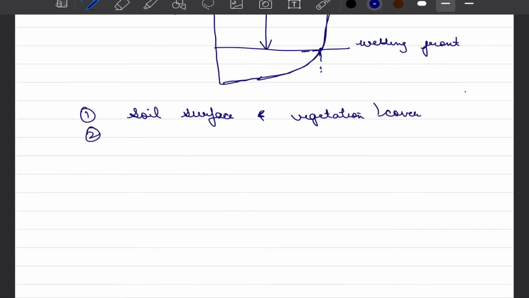Also, it will depend upon antecedent moisture condition. The word antecedent means the condition or state of the soil just before precipitation started happening.